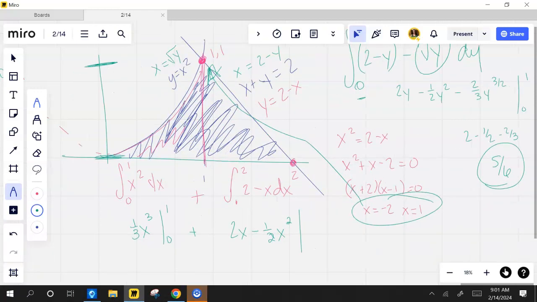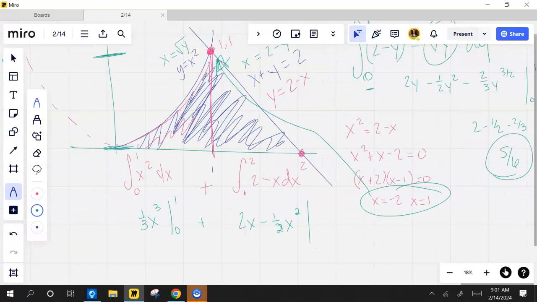If I want to do it in terms of x, I'm going to have to split it because I have this curve first, and the integral from here to here gives me all of this area. And then from here to 2, if I did the integral of this equation, it would give me all of this area, and then I just add them together.